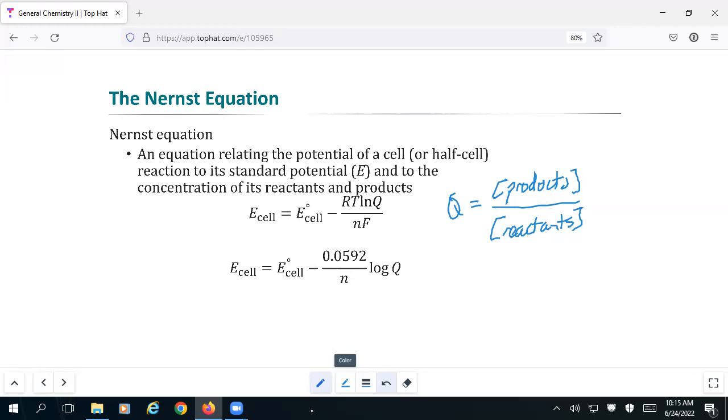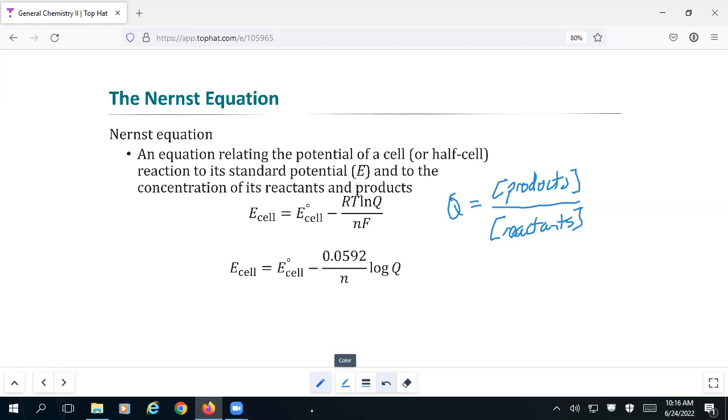Now, the wonderful thing about the Nernst equation is that it works under all circumstances, even standard conditions. Because if we are working under standard conditions and we have 1 molar quantities of our reactants and products, well, it doesn't matter what the coefficients are. 1 times 1 times 1 times 1 divided by 1 divided by 1 divided by 1 divided by 1.